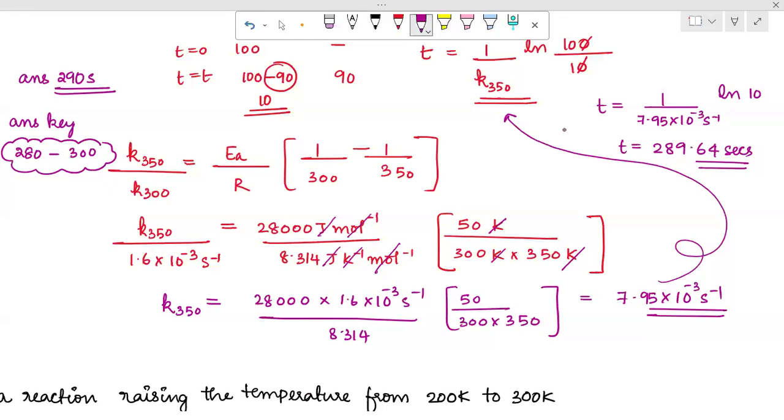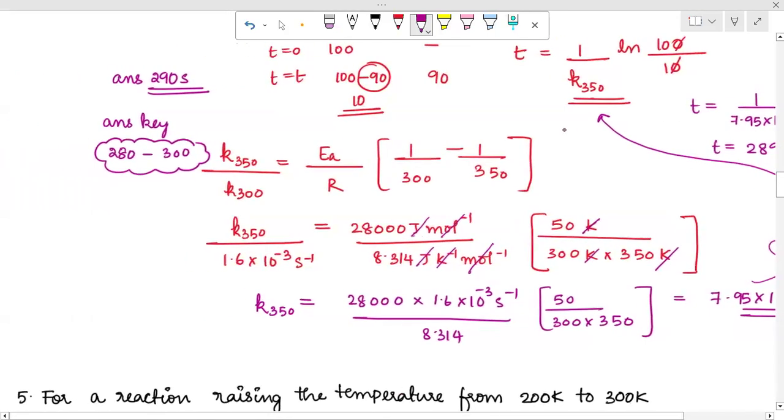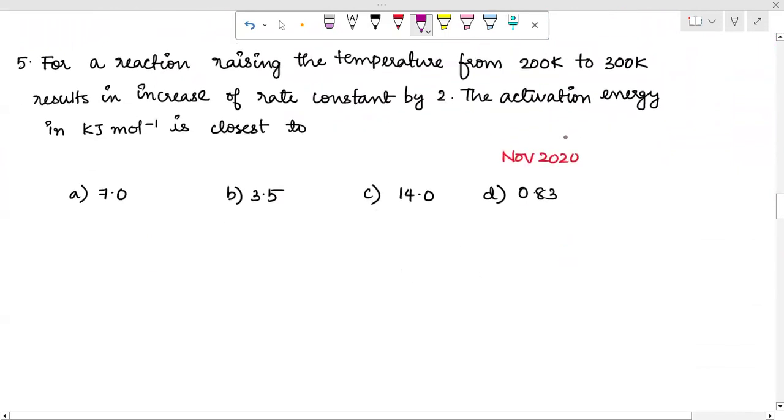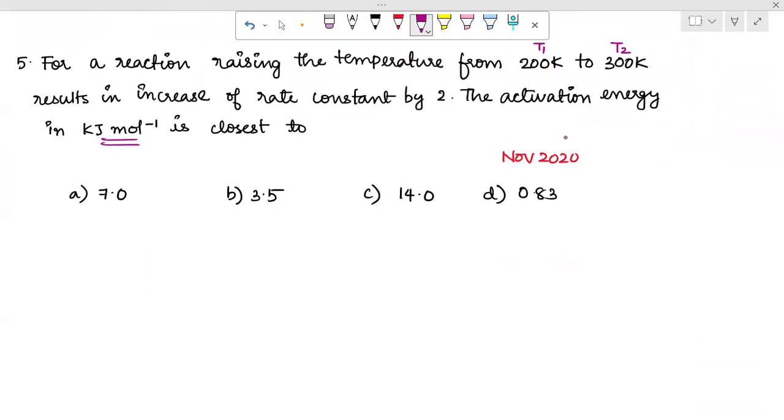A similar type of question: for a reaction, raising the temperature from 200 Kelvin, which is T1, to 300 Kelvin, which is T2, results in an increase in the rate constant by 2. So the activation energy in kilojoules per mole is closest to.